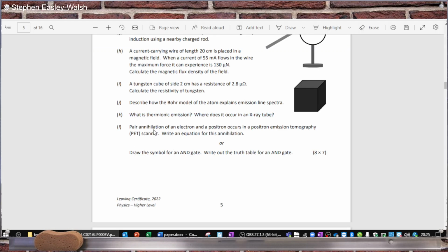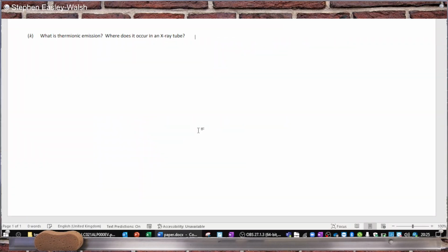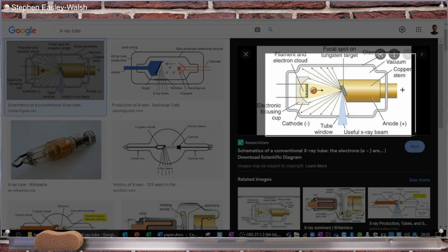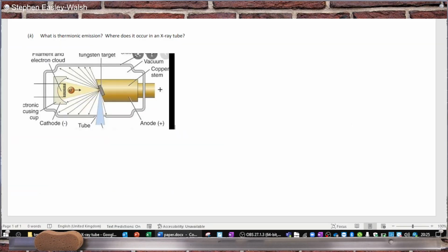Let's copy this over. Where does this occur in the X-ray tube? It's on the metal filament. You can see here, it's this metal filament here.